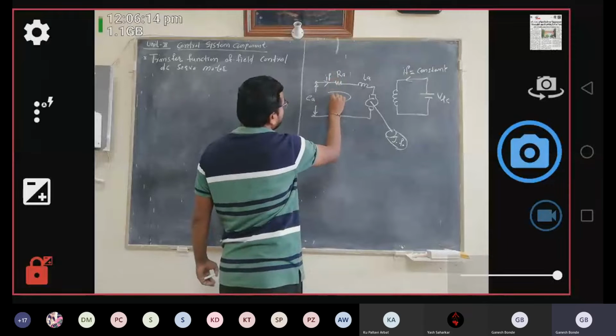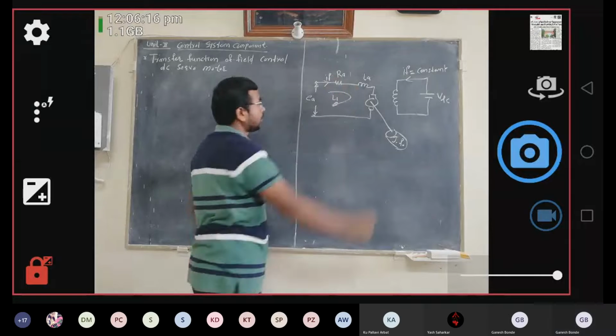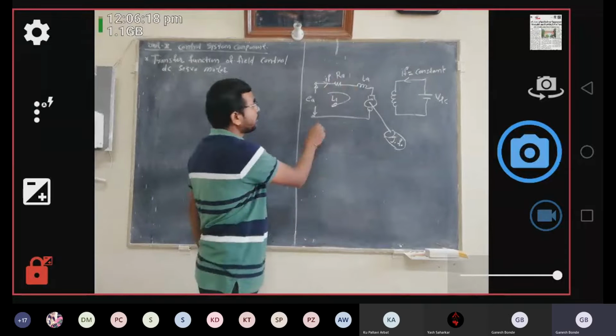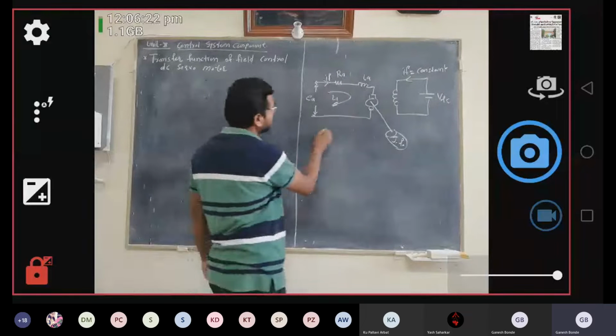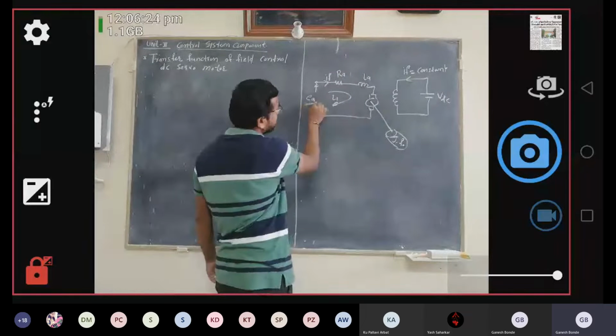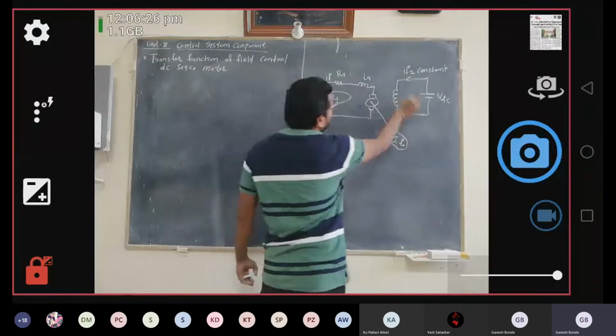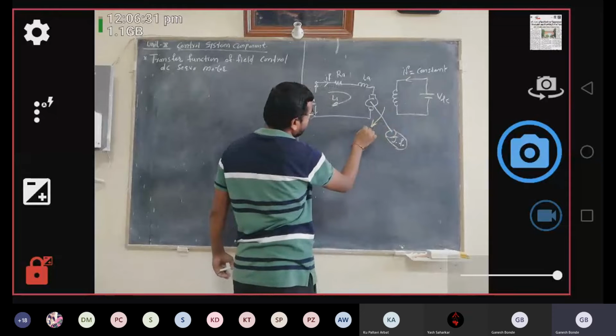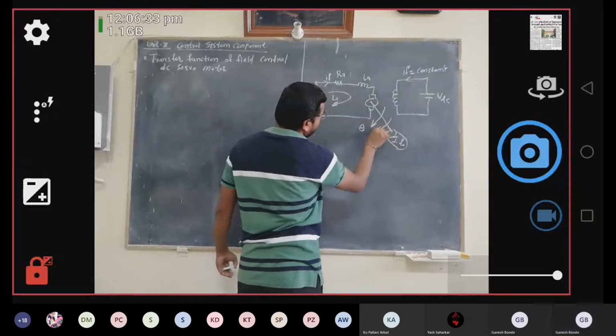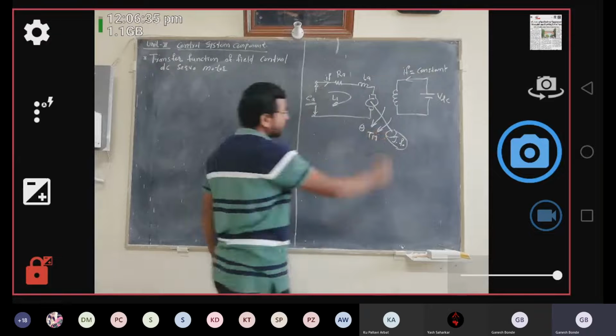Okay, so this is the loop we are getting. So this is a simple circuit diagram of armature control DC servo motor. So why is this called armature control? Because we have applied input to the armature and we have kept the field quantity constant. So this will give you theta. This is the motor torque Tm.